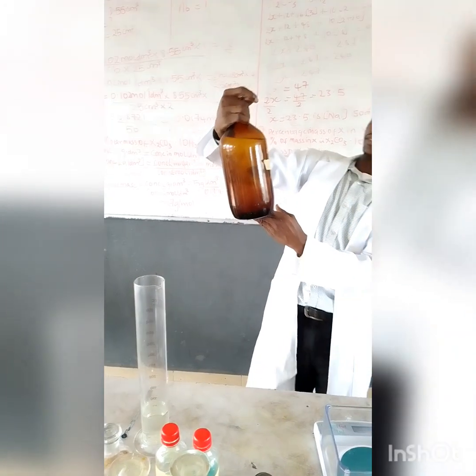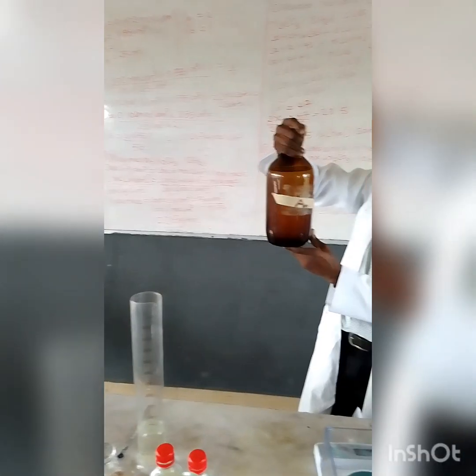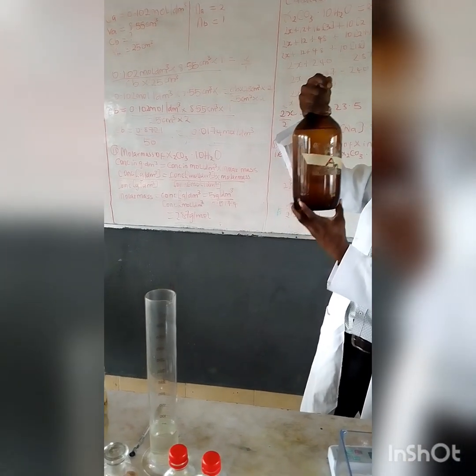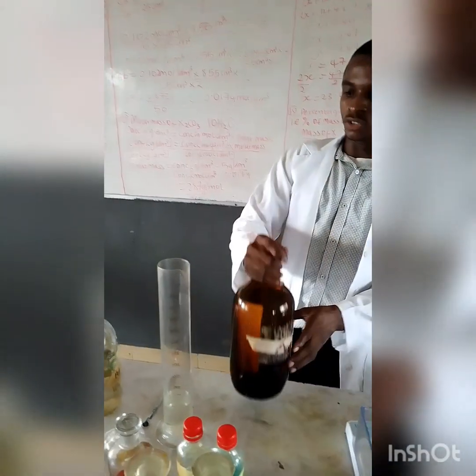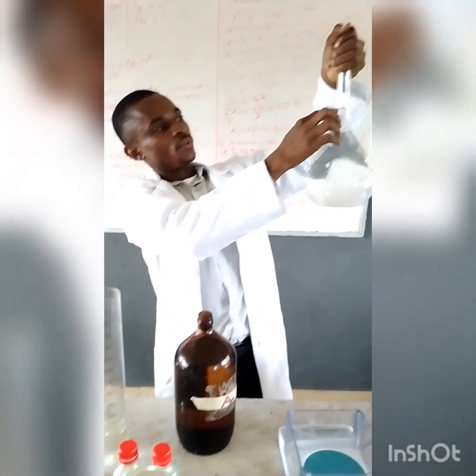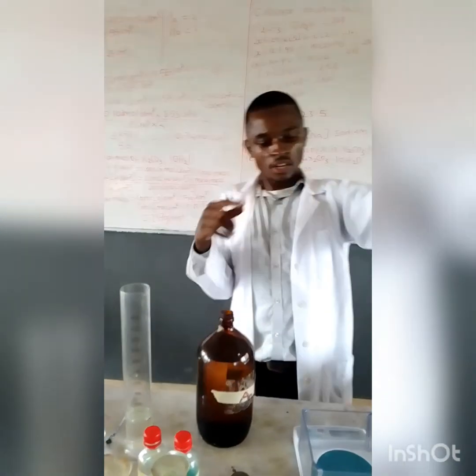This is 0.101 mole per dm cube of HCl. You can see in the container this is 1000 cm cube, which is equivalent to 1 dm cube. We use this to measure that. You can see the mark here will give you an accurate measurement of 1 dm cube, which is equivalent to 1000 cm cube.